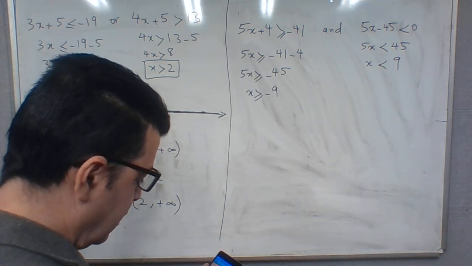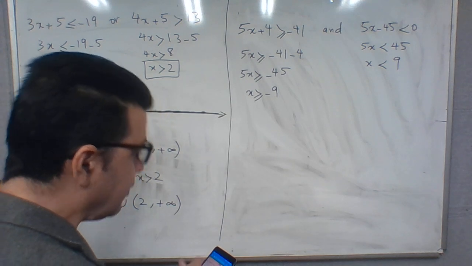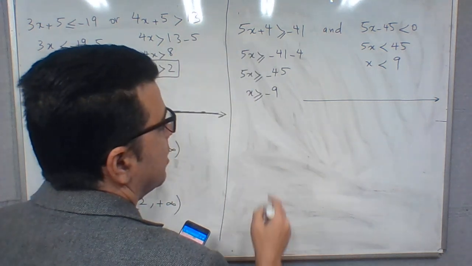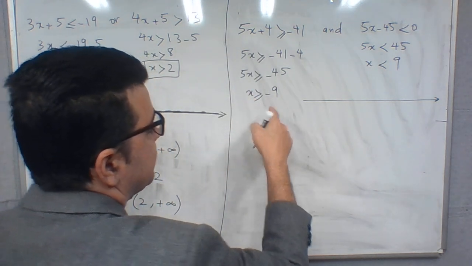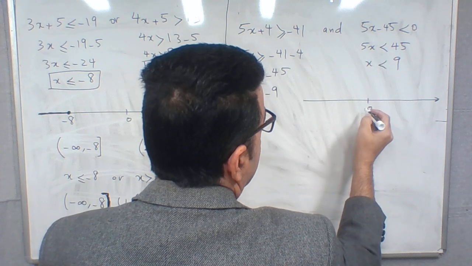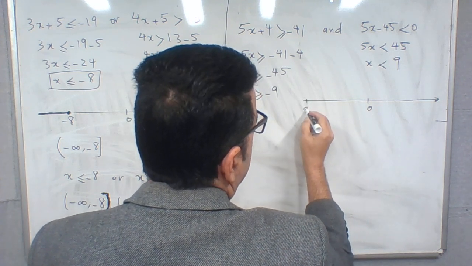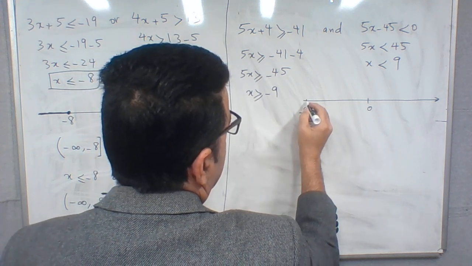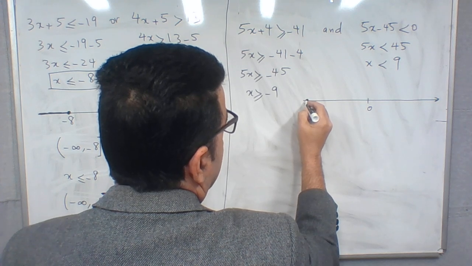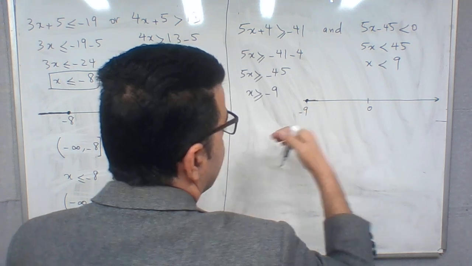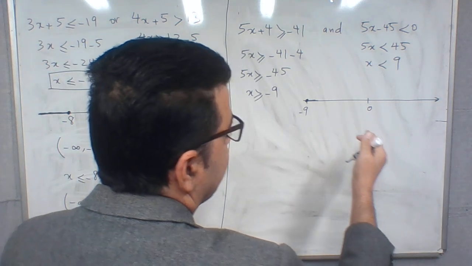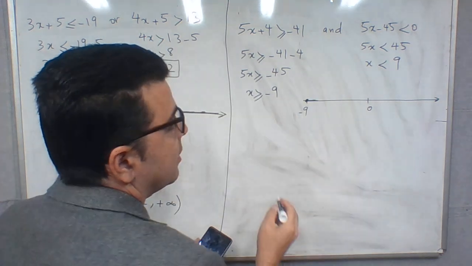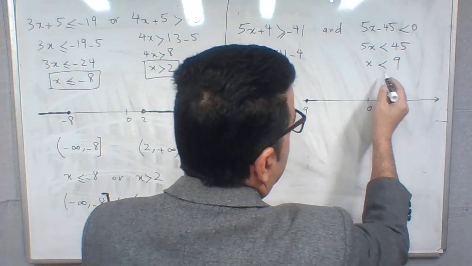Okay, now graph it. x greater than -9, assuming that this is the origin and this is 9. So greater than or equal to -9. So it is equal, so this is here, and everything more than that. So this is not finished. We need to compare with the other part because we have the word and.